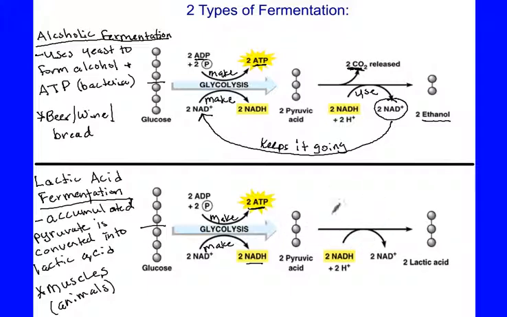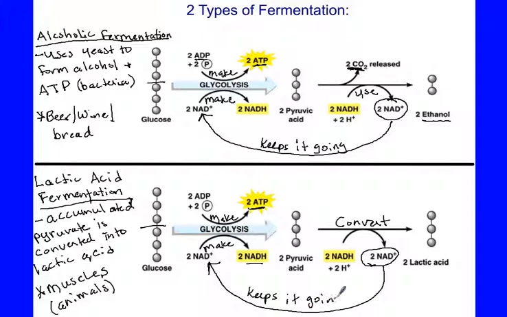Because there's no oxygen, it can't get inside the mitochondria. We're going to convert the pyruvic acid into lactic acid, which is also a 3-carbon compound. And we're going to take this NAD plus, and we can keep reusing it over and over again. So this is what keeps the cycle going.